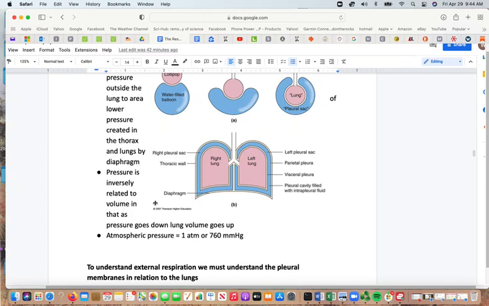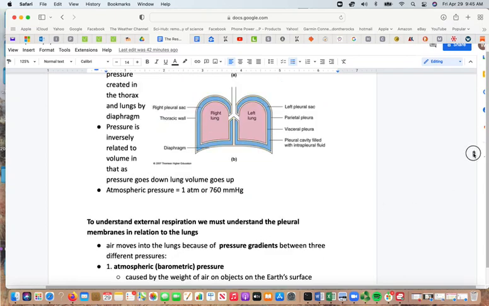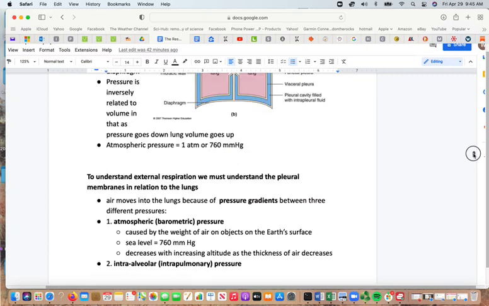So when pressure goes down, that's going to help to pull air in. Atmospheric pressure is considered 1 atmosphere, or 760 millimeters of mercury. So these pleural membranes are an important part of creating the pressure changes in the lungs.